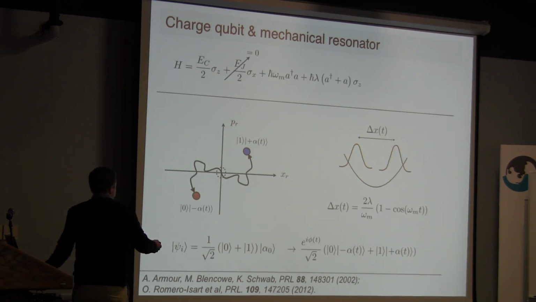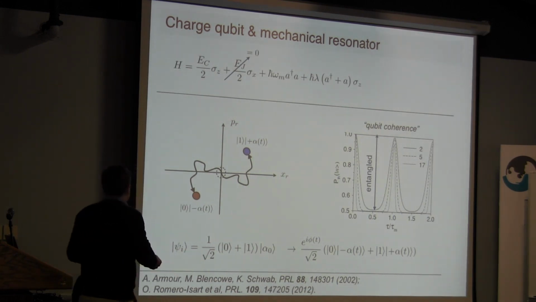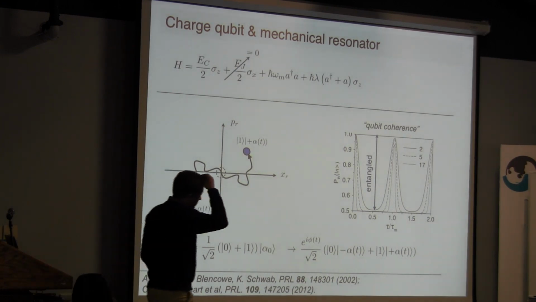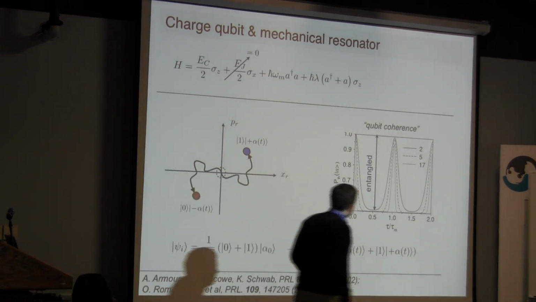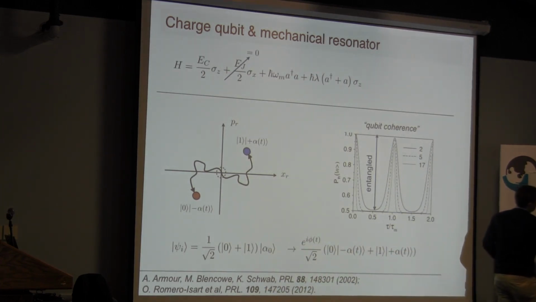Okay, so here is one detail I want to point out. What these guys and also other people analyzed in the system, just to make this clear, is the following sequence: at the initial time you apply a pi/2 pulse, so you start from the 0 state and you create a superposition of your qubit.